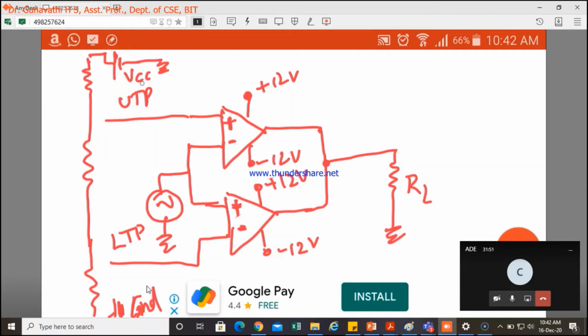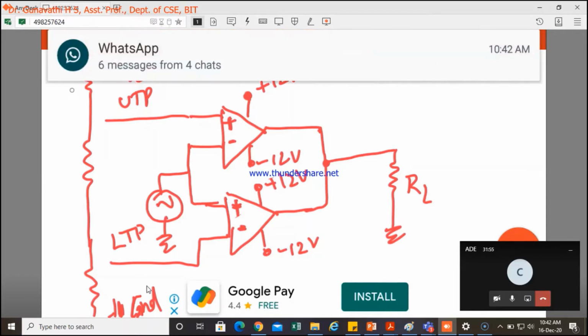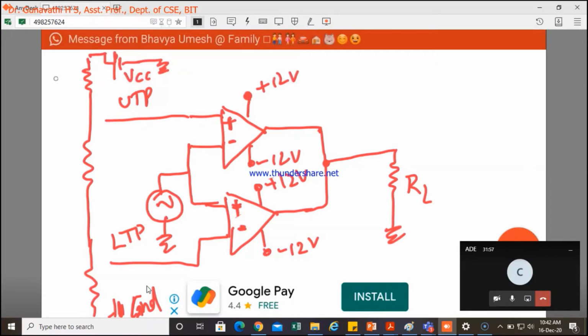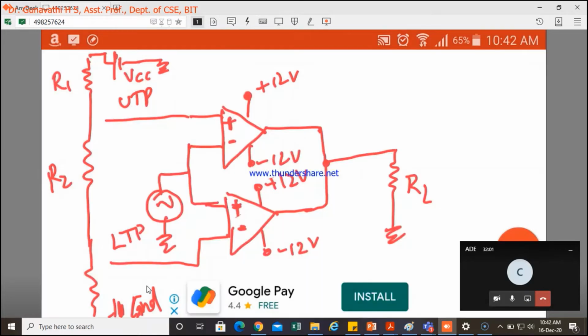Whenever I write VCC, it is understood to be 5 volts applied across this. I name the resistors R1, R2, R3. Our work is to compute R1, R2, R3.